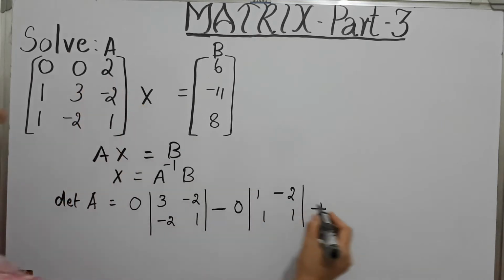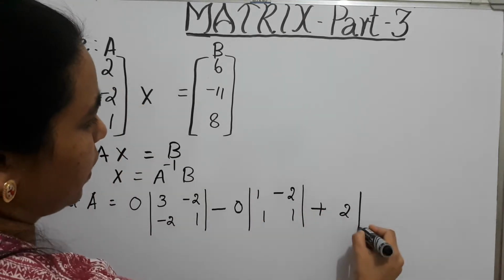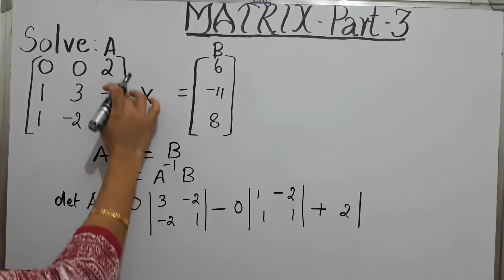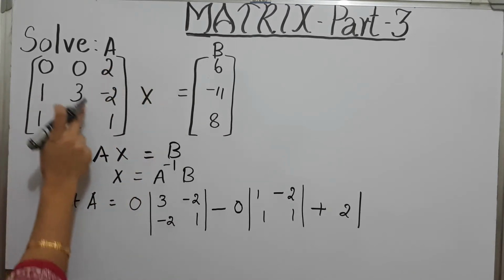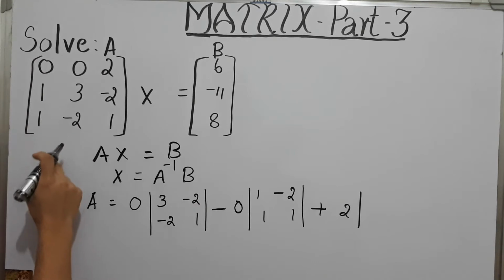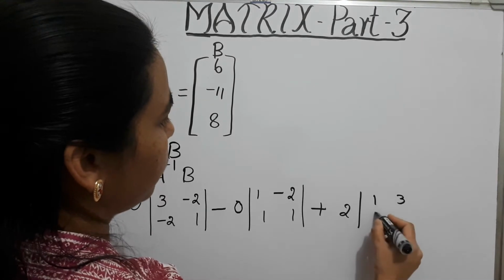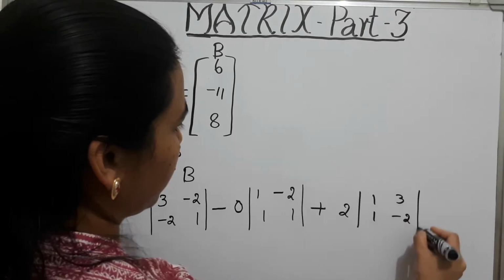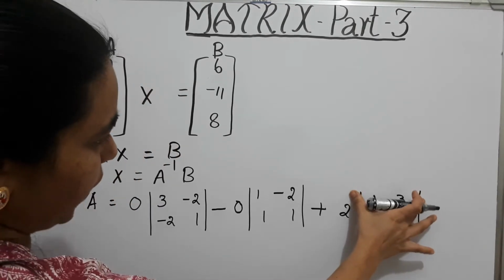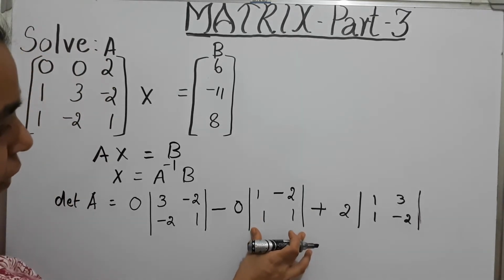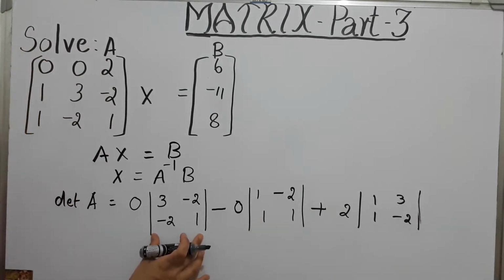The third element is actually 2, and it is in the third column. So you have to ignore the third column and take these 4 elements, 1, 3, 1, minus 2. You have to find the determinant of each of these.